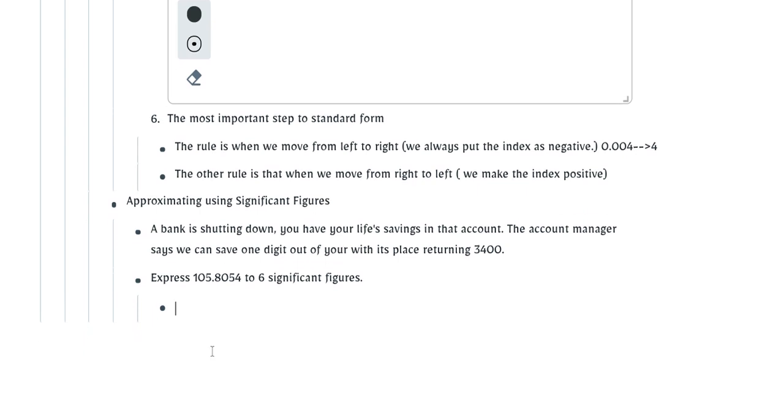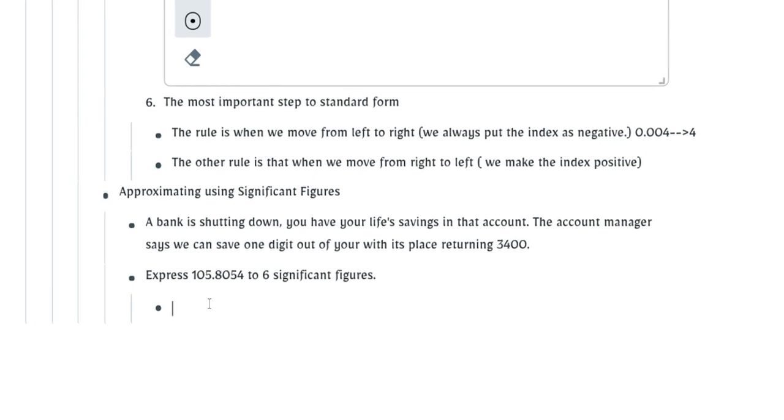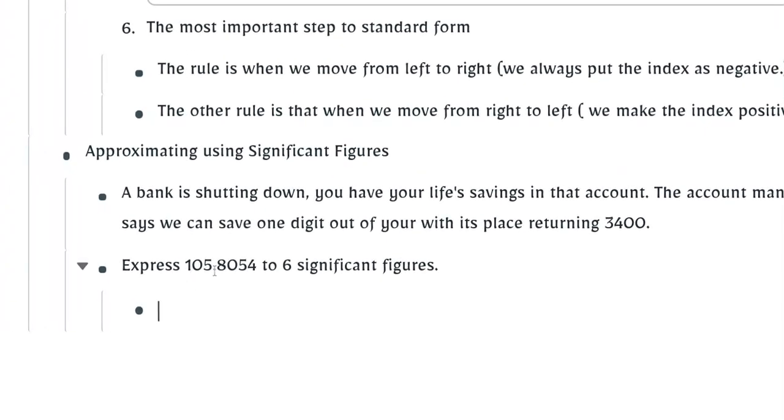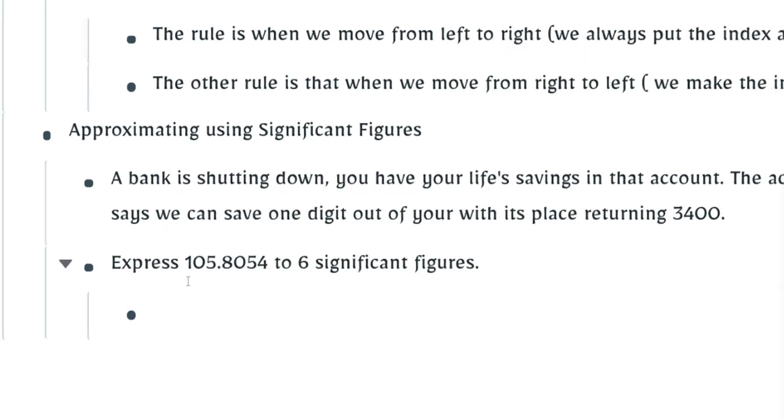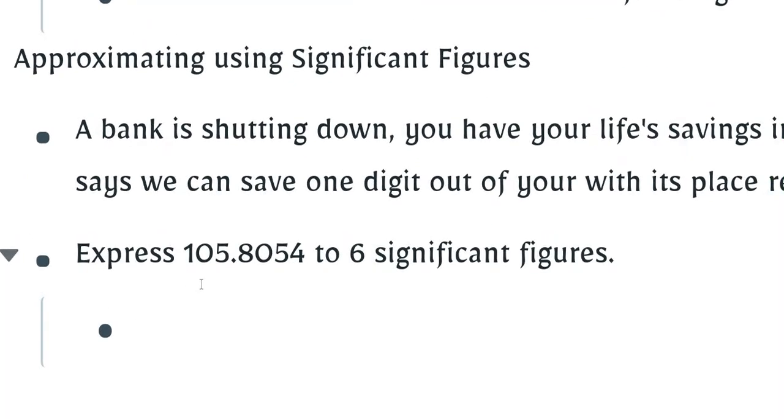You're going to essentially choose which 6 figures you'd like to save. So we have 1058054. The rule is that whenever you have a 0 in between, it will be a significant figure. So tell me the first 6 important figures in this number.